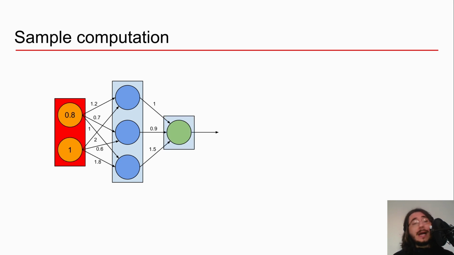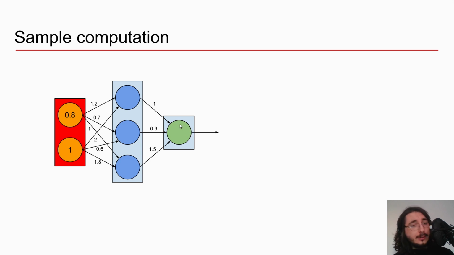Here we have the very same network, but now with a bunch of parameters. 0.8 and 1 are the two inputs, and then we have all of these weights, like 1.2, 0.7, 1, and so on, for the W1 matrix, and here the weights for W2, the connections between the second layer and the output layer.